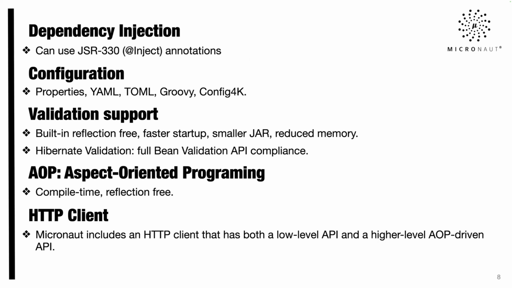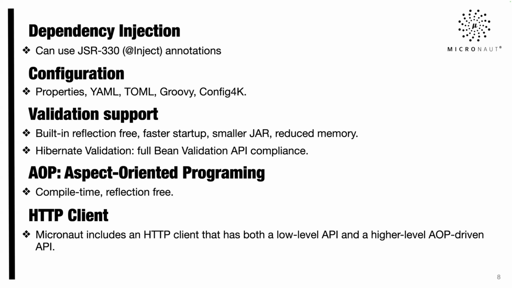Dependency injection, and this is related to Marian's question about standards compliance, and hopefully you will see through this talk that we are compliant with many standards. At its core, Micronaut is a dependency injection engine, right? And we use the standard JSR 330, the @Inject, the @Singleton from Jakarta, all of those annotations that you probably are used to seeing.